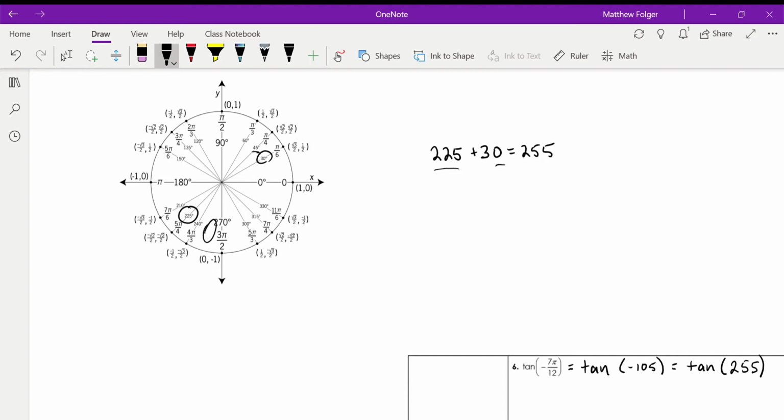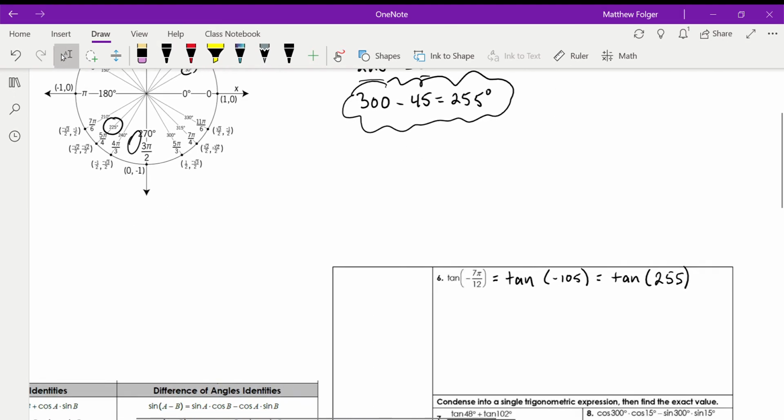We could say 300 minus 45, which is also 255. And there's a ton of different ways to set this up, but you need to find two that either add or subtract to it. Since in the last notes we did addition, we'll do subtraction for this one just to show you an example of that.